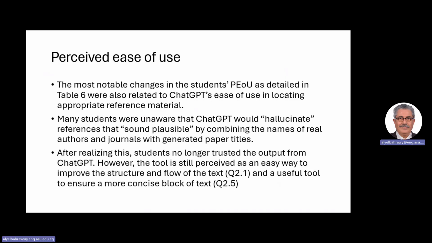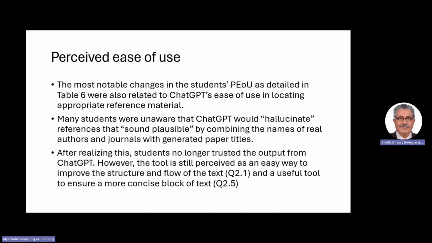For perceived ease of use, the most notable changes are related to ChatGPT's ease of use in locating appropriate reference material. Many students were unaware that ChatGPT would hallucinate references that sound plausible by combining the names of real authors and journals with generated paper titles.